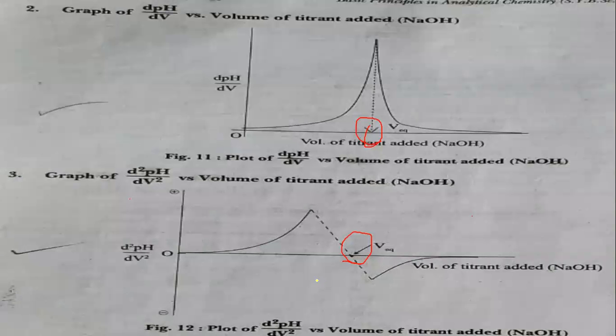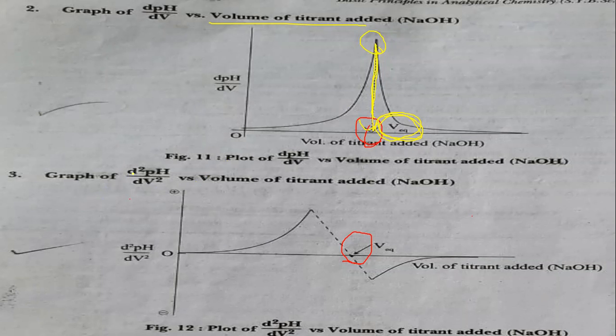Similarly, there is one more graph, delta pH upon delta V versus volume of titrant added. If you plot a line from this point to the x-axis, we get the volume of titrant at the equivalence point. From this we can also find the pH of the solution.